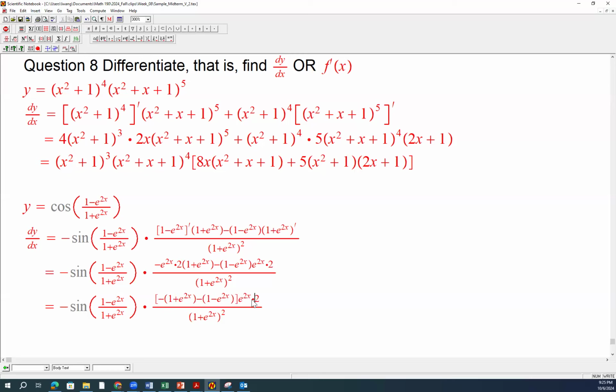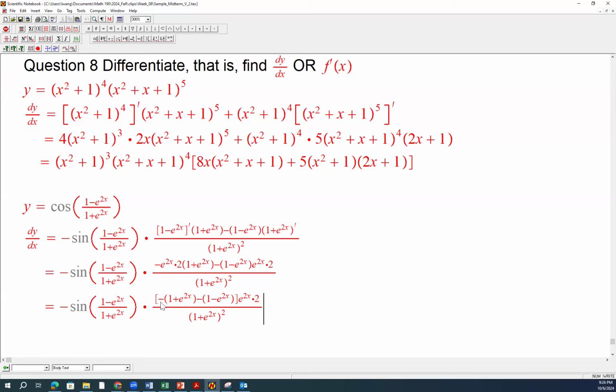Oops, sorry, e to the power 2x times 2. Okay, just leave it like that. Let's not do anything special. Take out e to the power 2x times 2, so put it here, this is e to the power 2x times 2, all right?